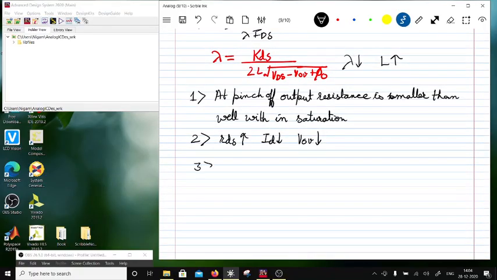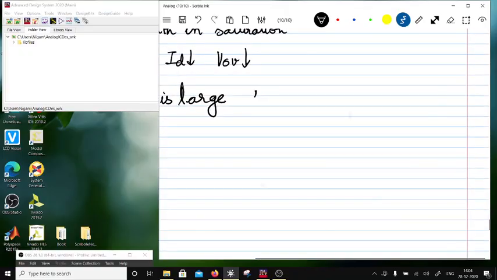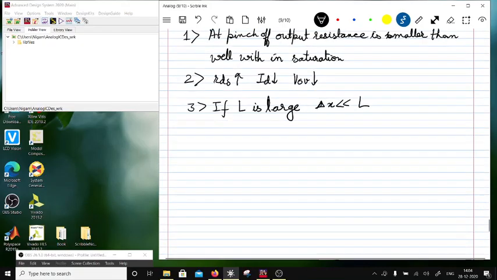So the third point is if L is large, then delta X will be much smaller than L. So when this occurs, then RDS is going to be large.